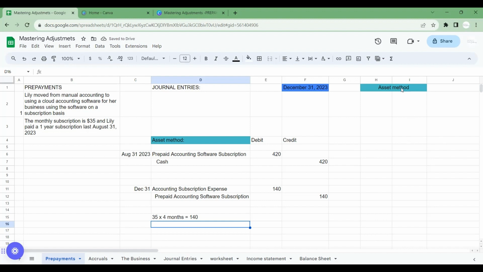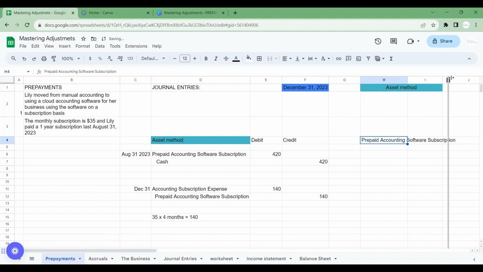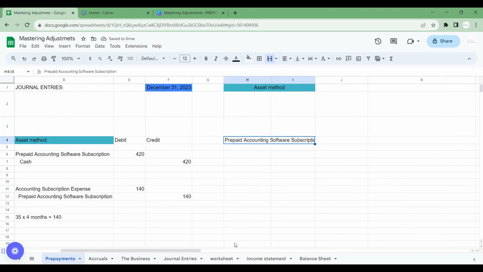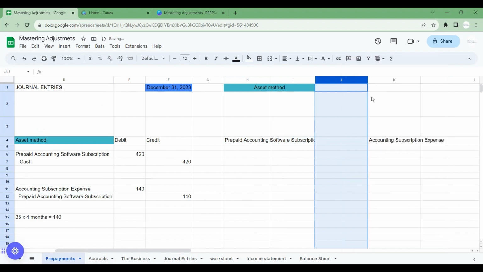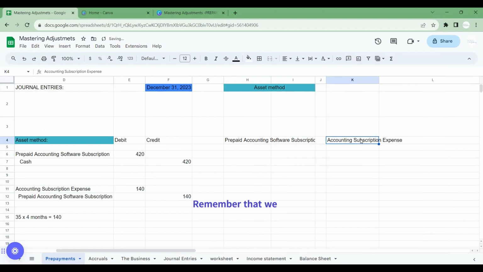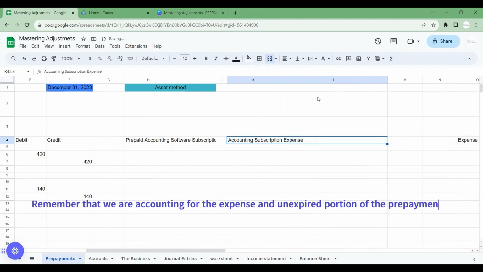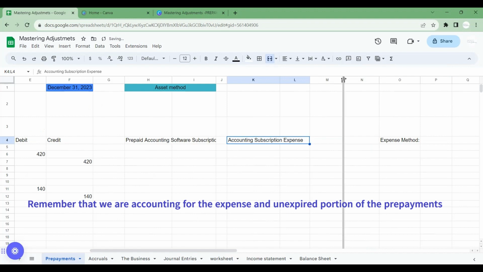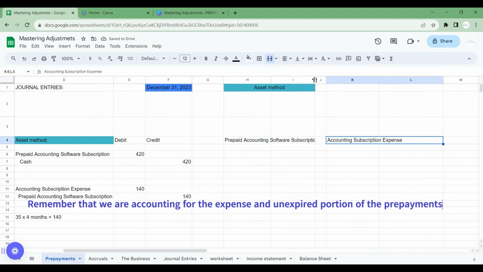Okay, so if we are going to plot that in a T account, let's plot this in a T account.